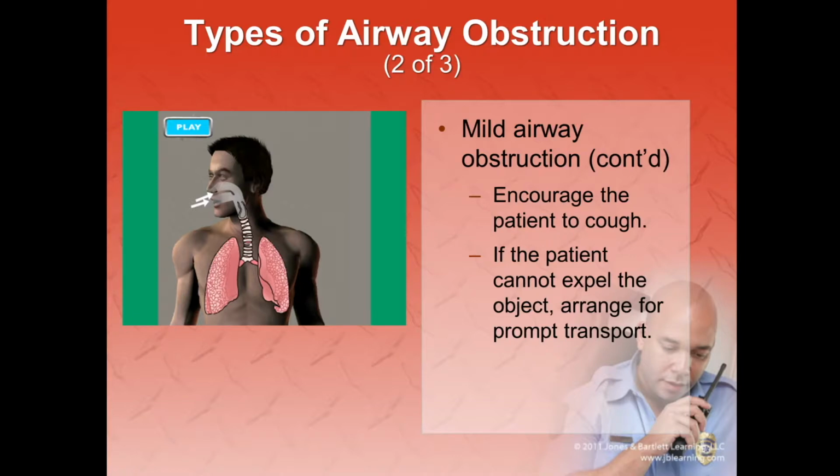If people can cough, you encourage them to cough. Some people will try minor back slaps, or if you're alone, some people will sit backwards on a chair with their chest up against the back of the chair and make the chair fall, so they're using the chair to try to expel whatever is in there, almost like a makeshift Heimlich.